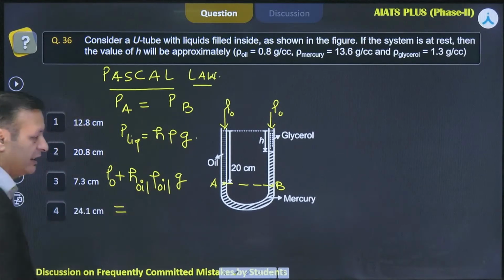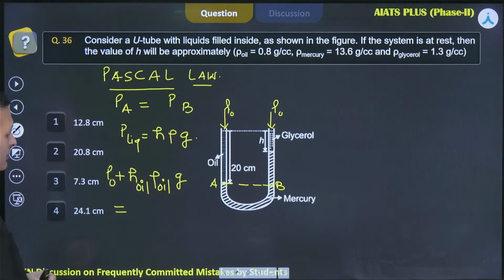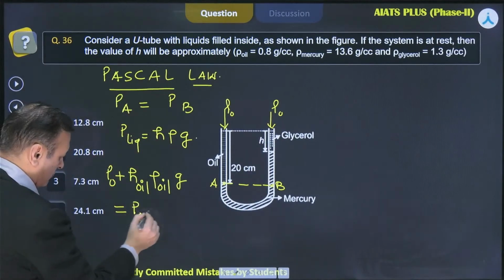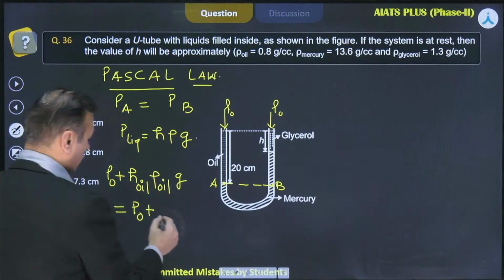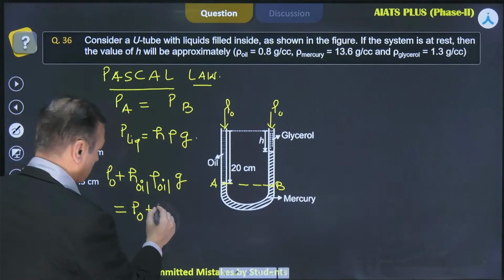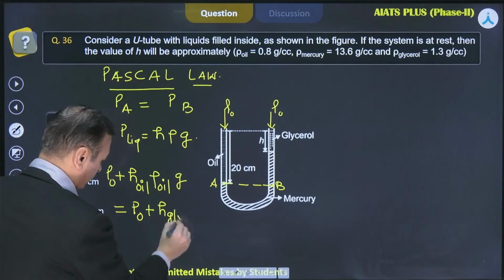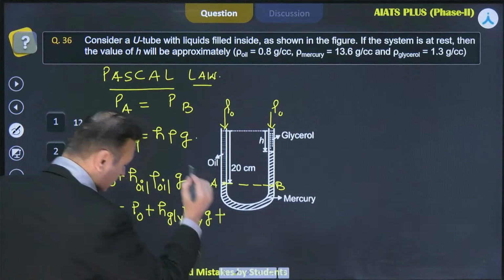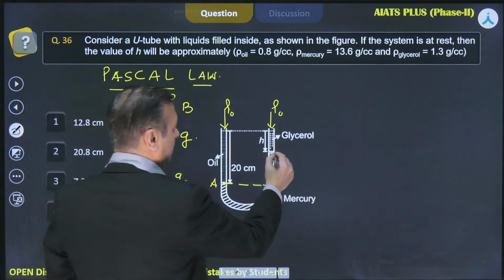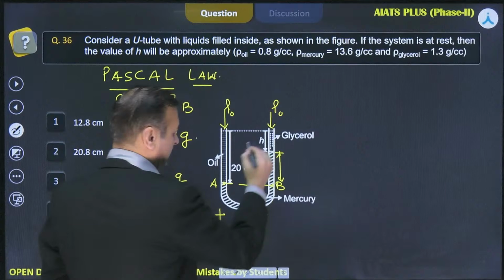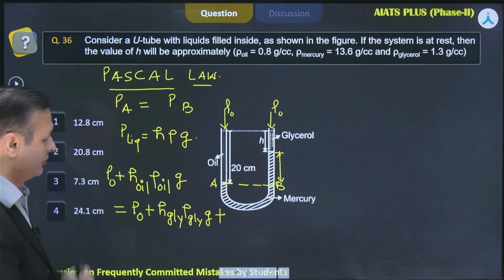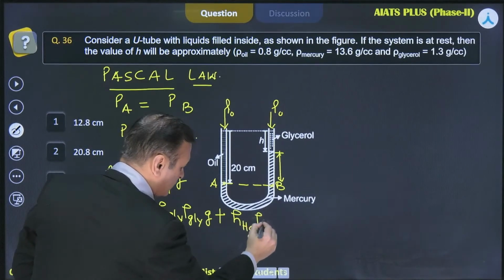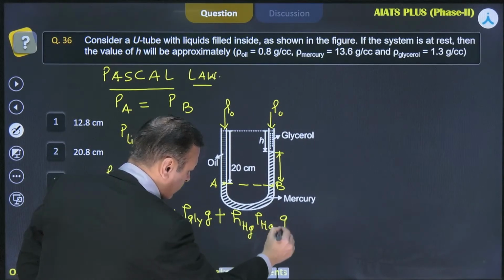So we need to equate it with the pressure at point B. So what is the pressure at point B? Look at this, P naught is there, then height of glycerol, density of glycerol into G, plus then there is another height, that of your mercury. So height of mercury, density of mercury into G.